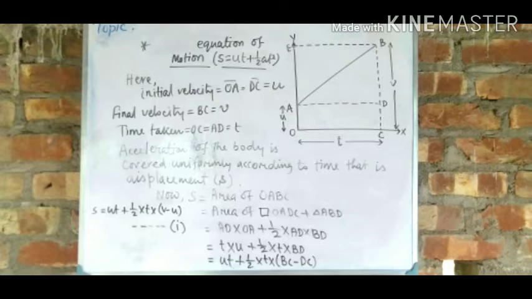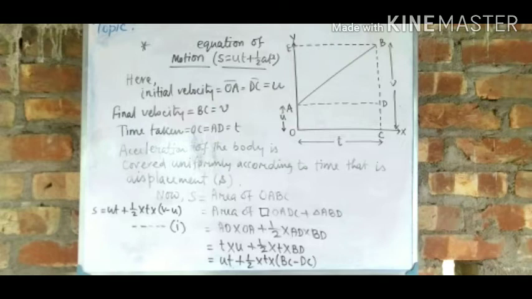So to find the displacement, first of all we have to take out the entire area of the trapezium OABC. Through the graph you can easily understand that it's a trapezium. We can divide it into two parts: OADC is a rectangle, whereas ABD is a triangle.